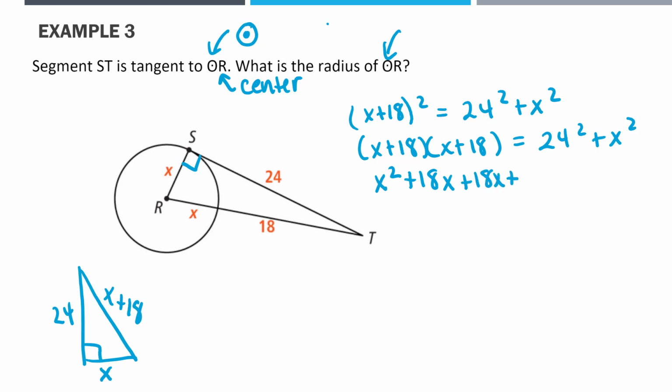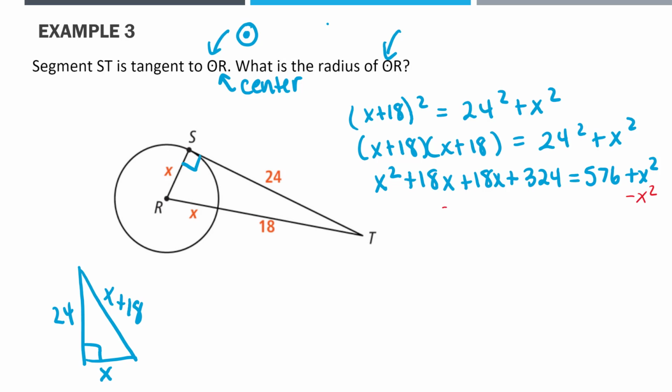And our last is 18 times 18, which is 324. On the right-hand side, we have 24 squared, which is 576 plus x squared.